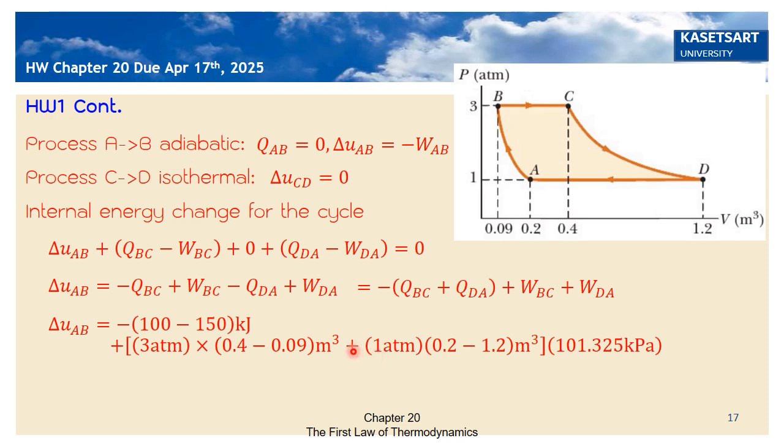We want to calculate in joules, so we change from atm to kilopascals, using 101.365 kilopascals. From this, you put it into the calculator. We can calculate the internal energy change for state A to B, equal to 42.90725 kilojoules.